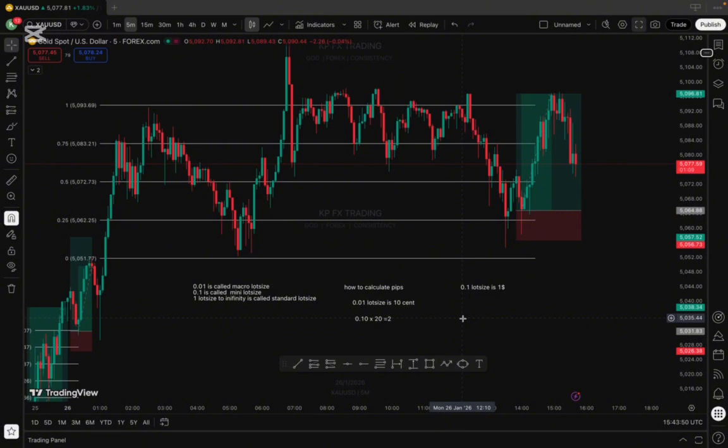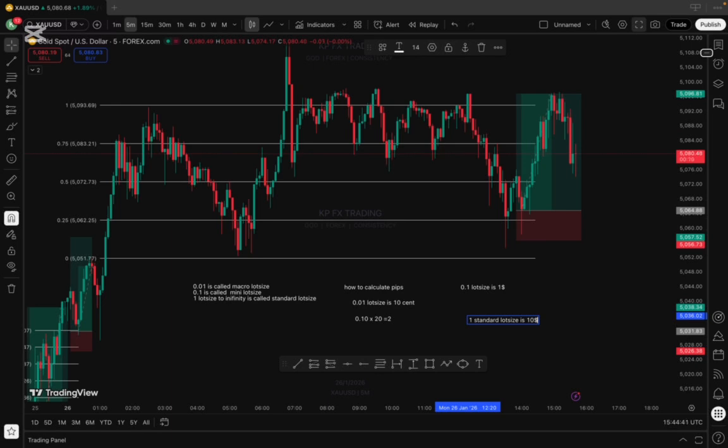The standard lot size starts from 1. One standard lot size is $10.